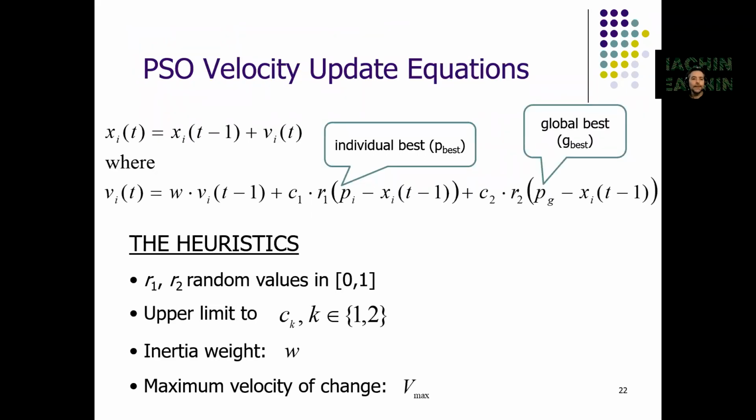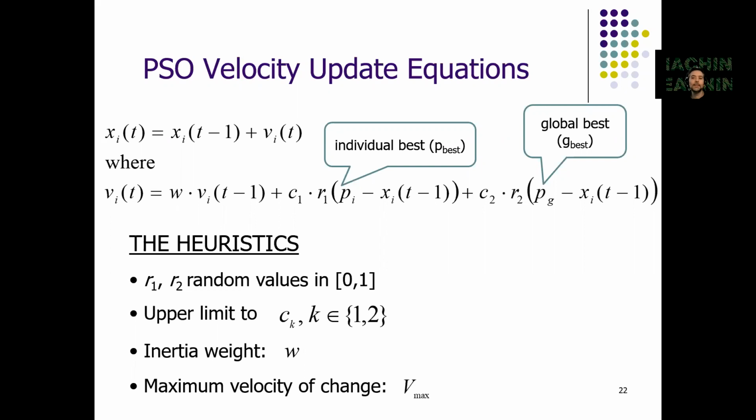And in terms of equations, it's just two equations. It's a very simple algorithm, which nevertheless is quite effective. The first equation calculates the new position of the solution vector, which is the position at time t.